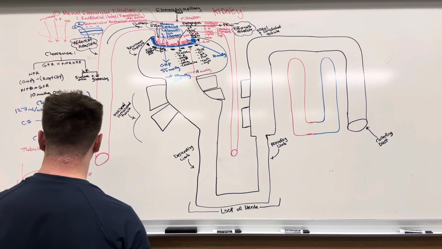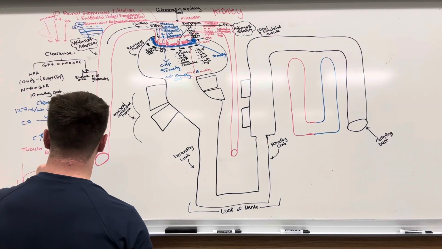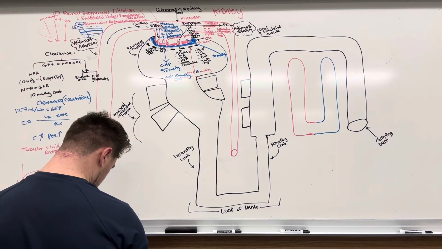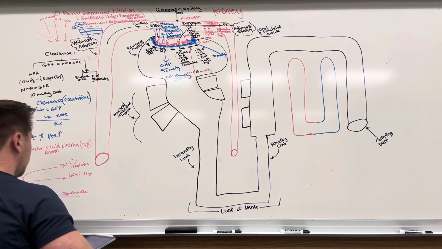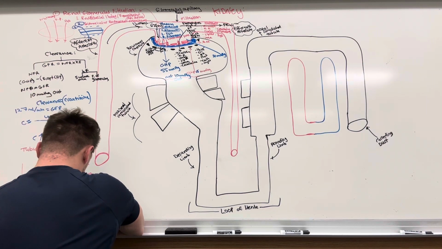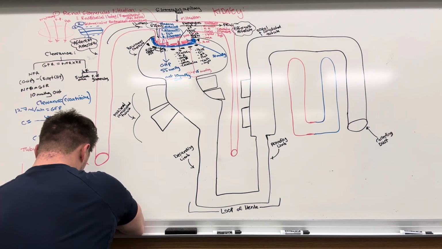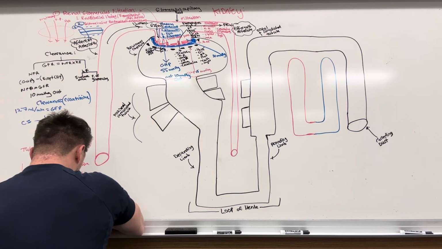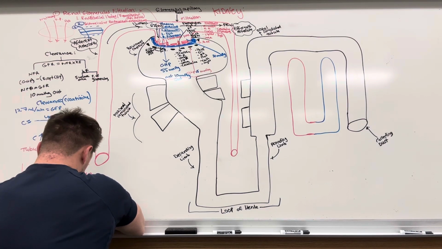If we went down really low like this, this would be our glucose, meaning it would have lower tubular fluid. So that's just a couple things we want to know about that.